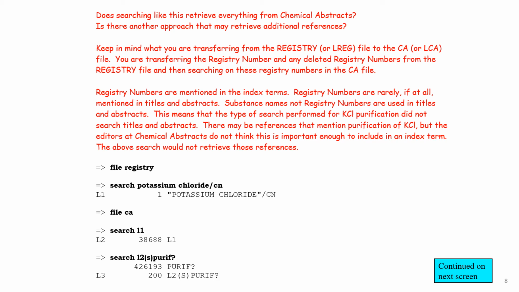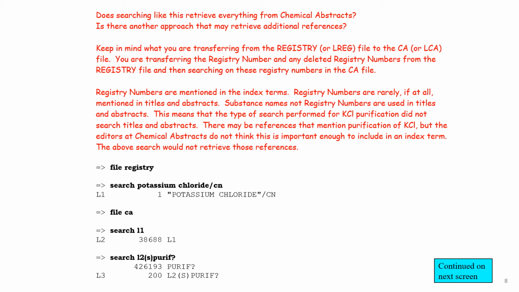After I locked the registry number in the system, in that first search, L1, I go into the Chemical Abstracts file, the CA file, and I say search L1, which is searching that registry number. The search at the bottom of the screen is a standardized way of searching.